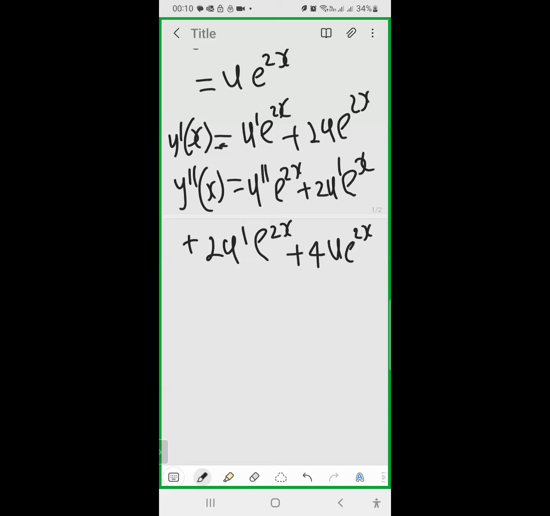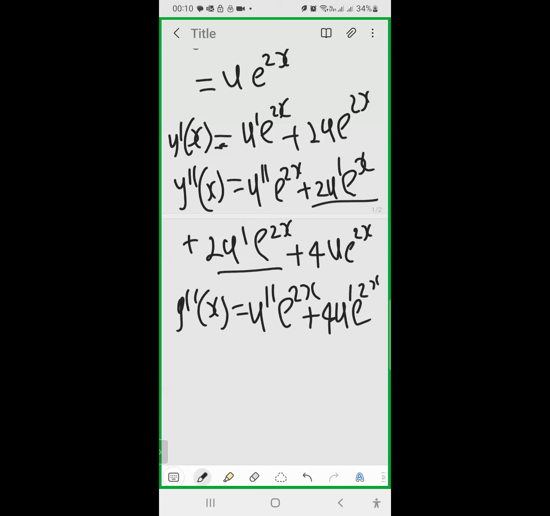Then y double prime of x is going to be equal to u double prime e to the power 2x. These are like terms, so this will be 4u prime e to the power 2x, then plus 4u e to the power 2x.